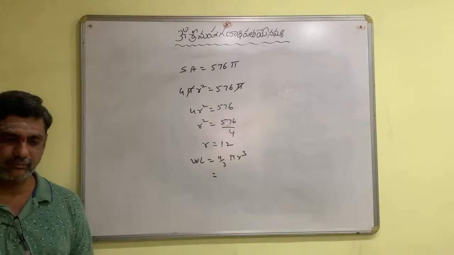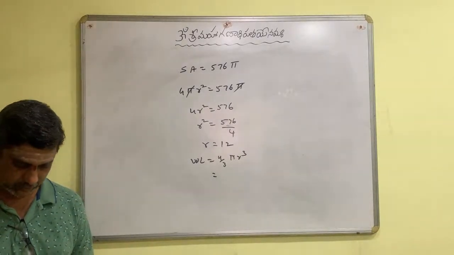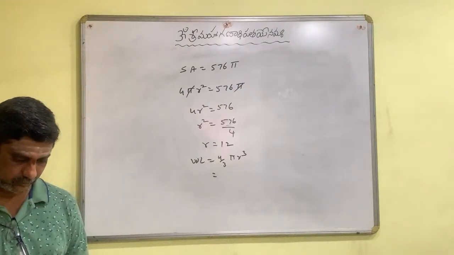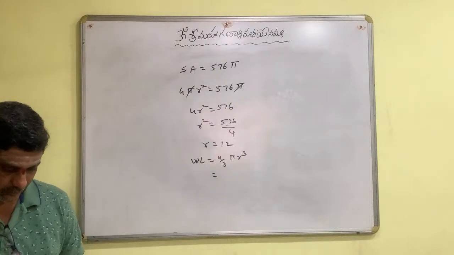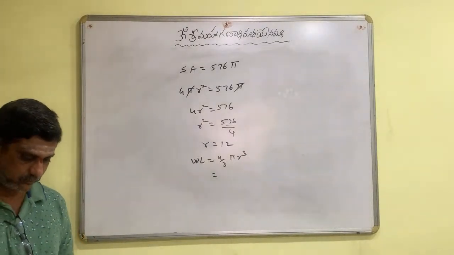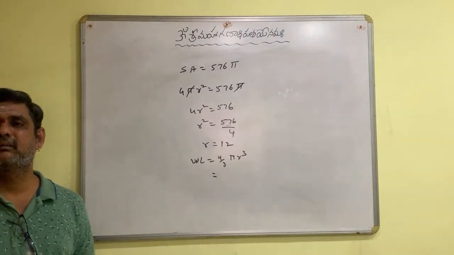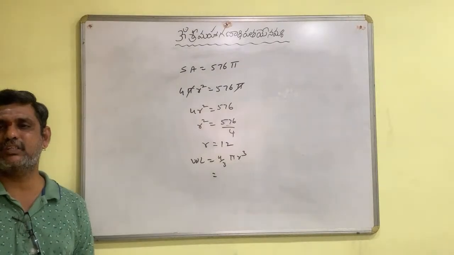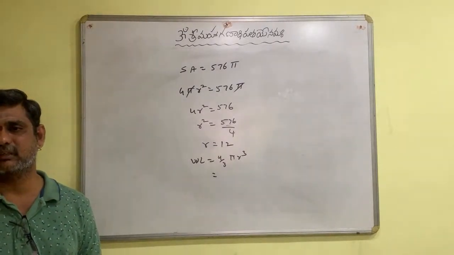Find out volume. Darsh answer 50688 by 7.